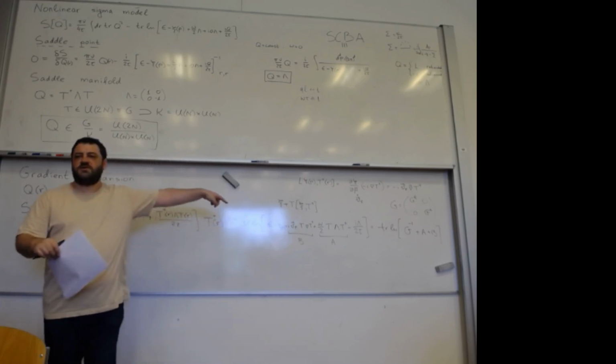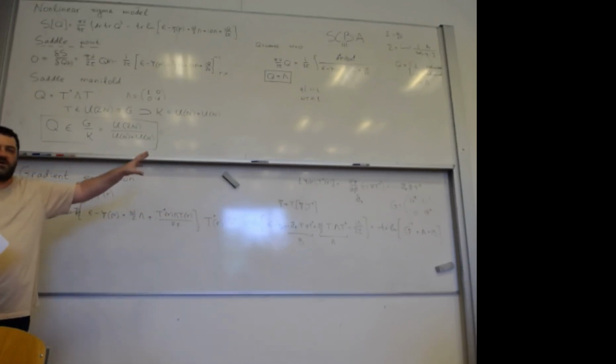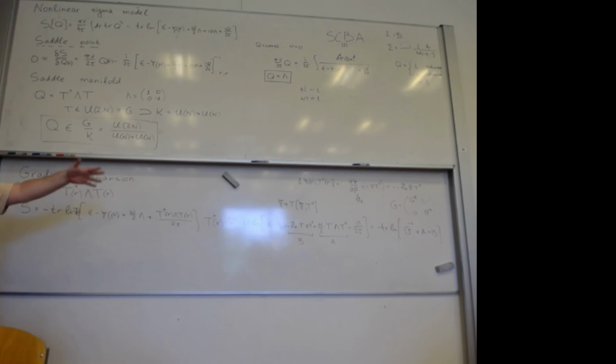Because there is a lambda there, it's one for one diagonal element, minus one for the other, so it's two Green functions in one matrix.